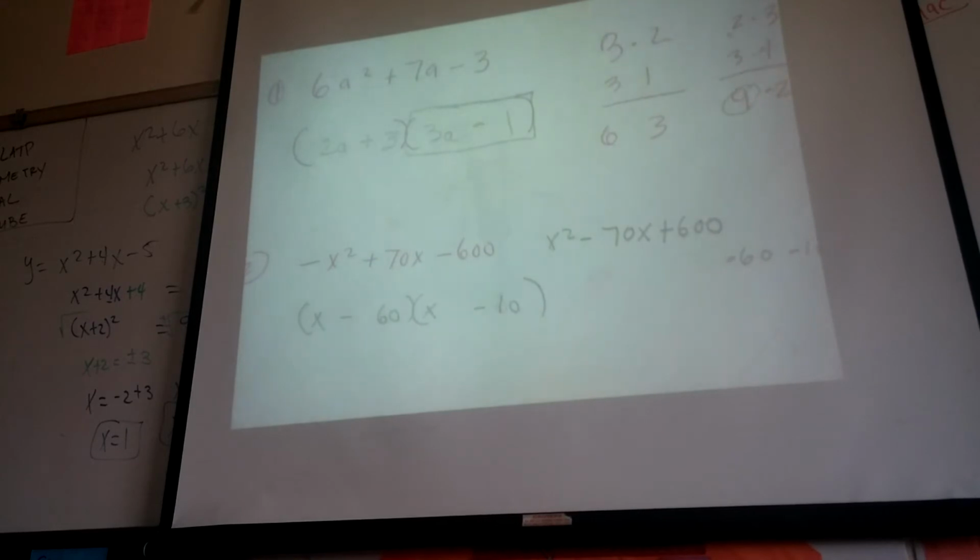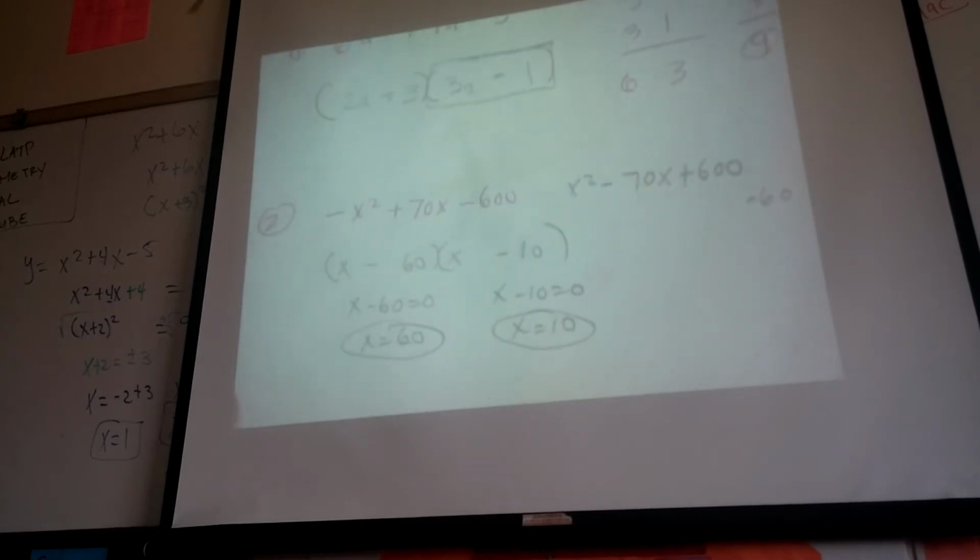So what you do here is you make this equal to 0. So the answer would be 60. And you make this one equal to 0. So the answer would be 10. So there are two answers here, 10 and 60. So you want to find the answer that says there are 10 items and 60 items. That is the answer for this one.